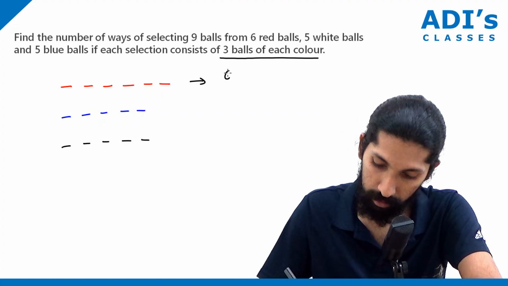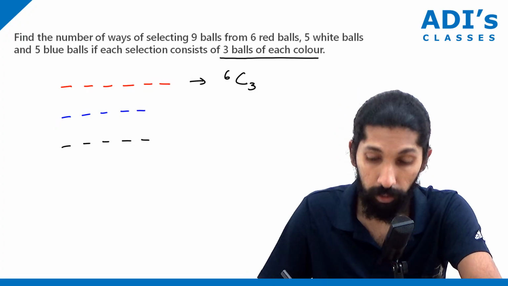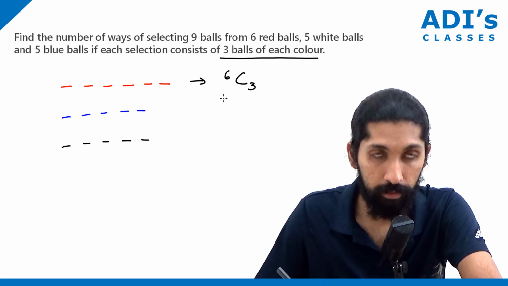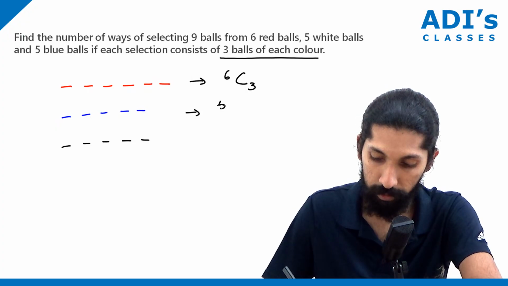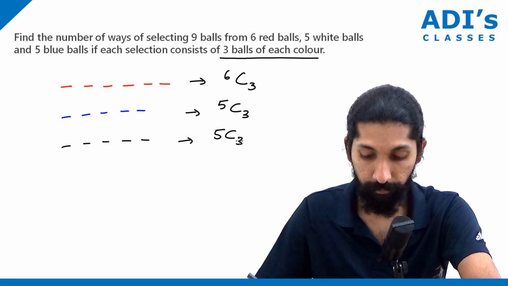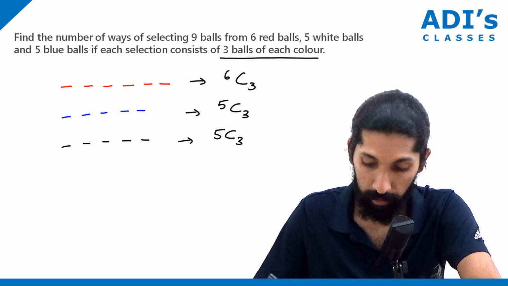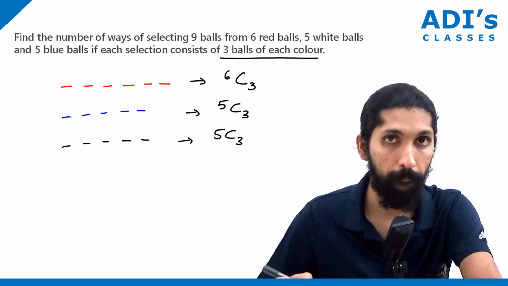That's going to be 6C3. Next, out of blue, 5C3, and out of white, 5C3. So 3 plus 3 plus 3 is going to become 9.